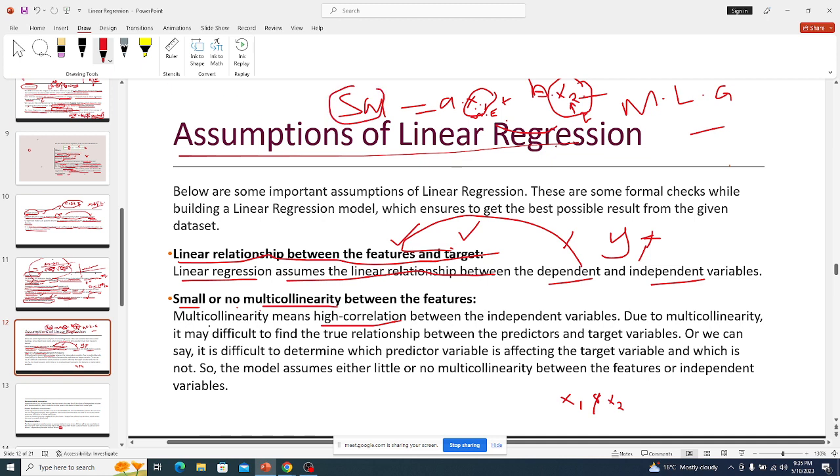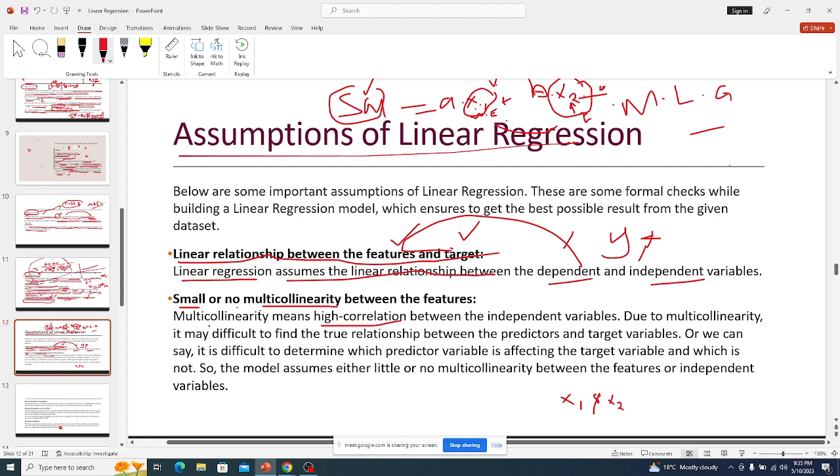Let me give you an example with high correlation. If we were checking the salary with work experience and the skills, you can see skills and work experience are almost one thing, meaning they are highly correlated.